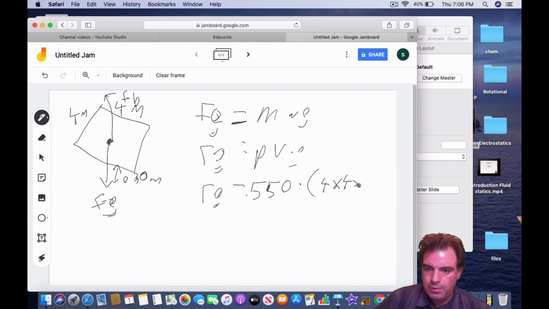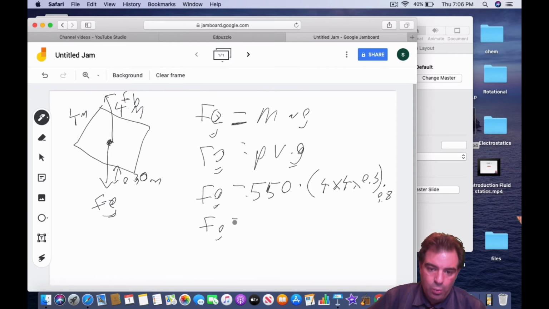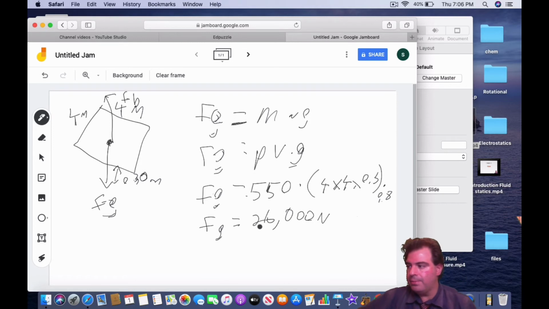And of course, we have g, which is 9.8. If we multiply all these together, we see that the force of gravity is going to be 26,000 newtons, just like that.